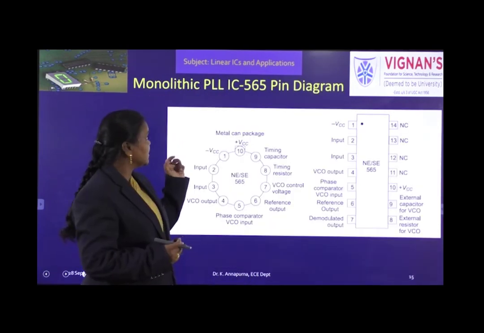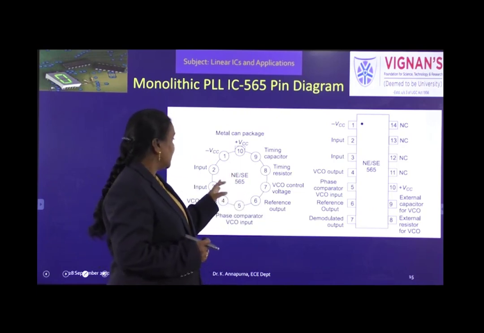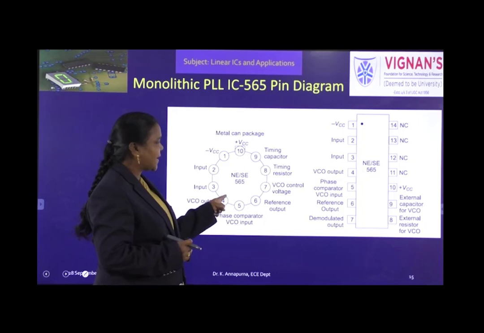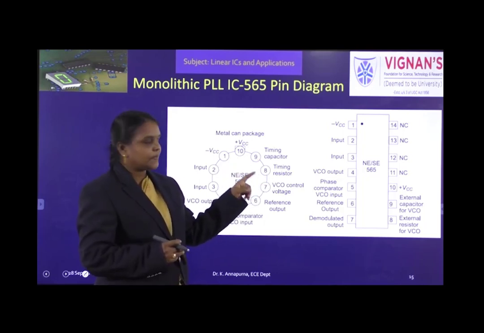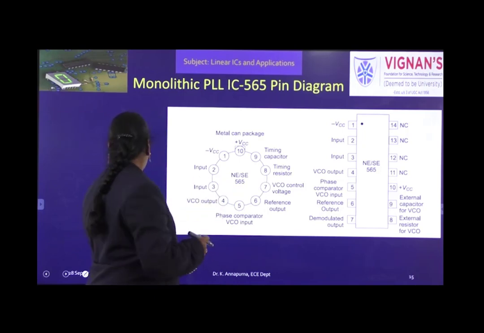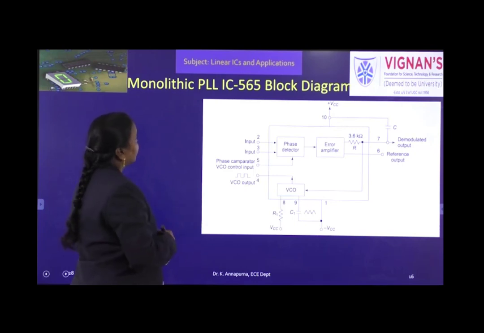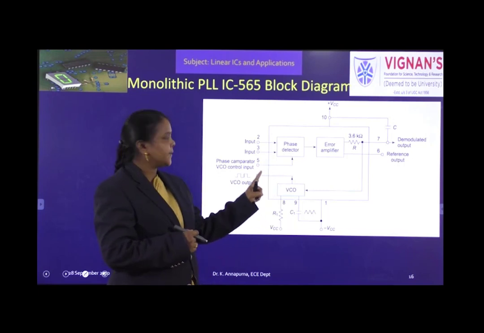Now let us see the monolithic IC 565 pin diagram. It is available in two packages, metal can package 10 pin and dual inline package 14 pin. And this is the 565 internal block diagram.